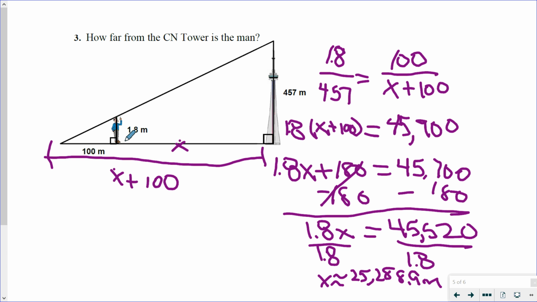So the man is standing from the CN Tower approximately 25,288.9 meters.